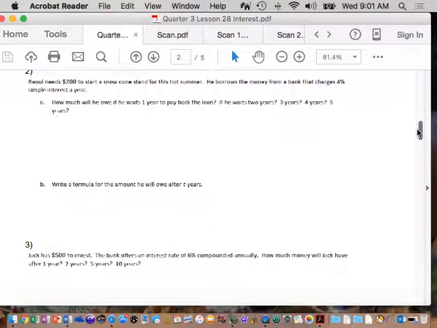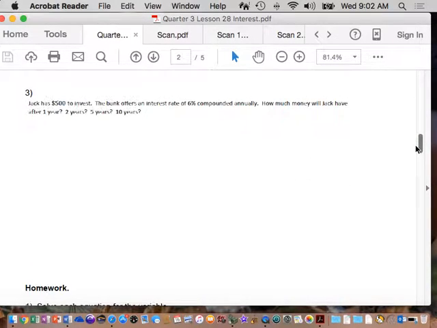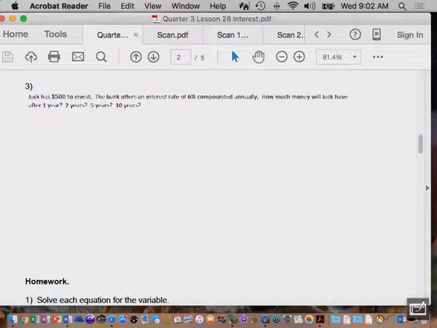Okay, Raul takes $200 to start a snow cone. How much will he have after 5 years? So here's your difference. We're not going to do simple interest. Scratch simple interest. Let's scroll down to Jack. He's investing 500 bucks. The rate is 6% compounded annually. Let's do 10 years and see what it makes.